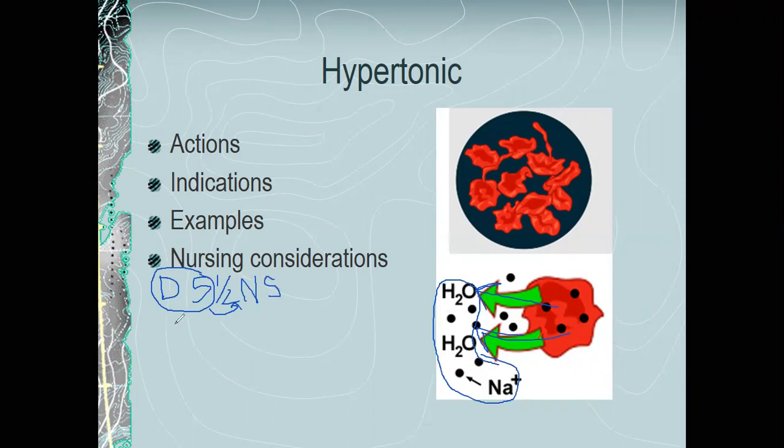Same if you see D5 normal saline, D5 is isotonic, so anything added to it is going to add to that concentration, it's going to make it hypertonic.